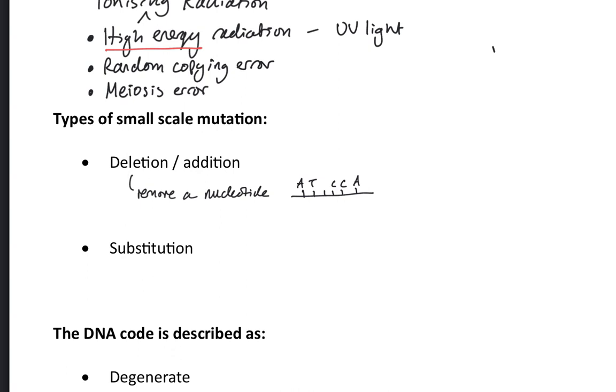In effect, you would remove the entire nucleotide and then join those two ends together. So it just misses one out. Again, not really significant for anything that we're going to meet, but just in case.